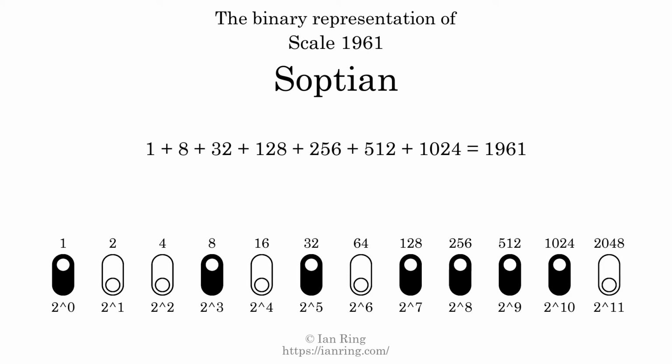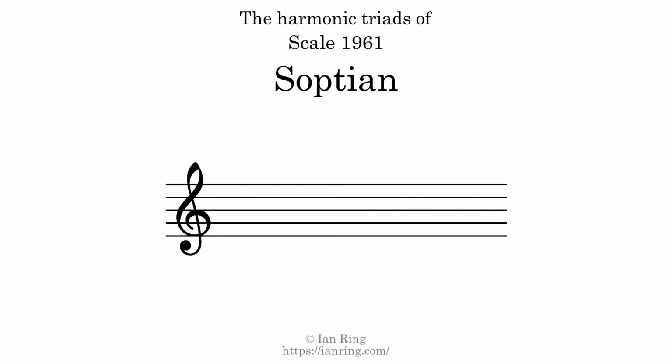That is why the scale number, in decimal, is 1961. The scale number not only enumerates the scale with a unique index, but it also literally describes the tonal content of the scale. Represented as a binary number in base 2, the scale number is 01111010101.